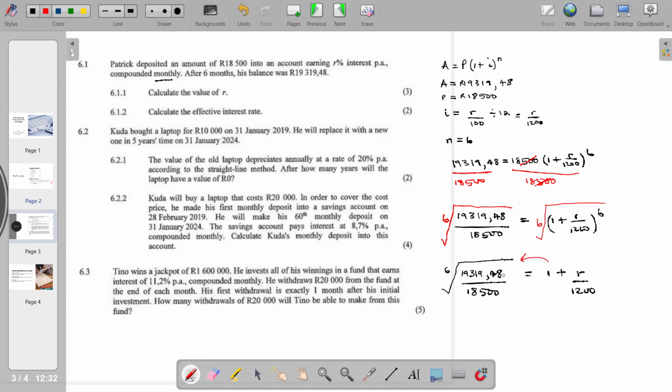If we subtract the 1 both sides, we end up having the sixth root of 19,319.48 divided by 18,500, minus 1, being equal to R over 1,200.